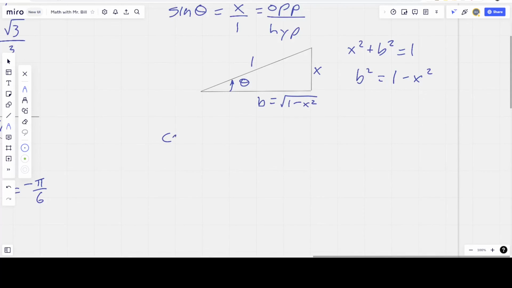So cosine of the arcsine of x now, well, arcsine of x is just theta. So this is the cosine of theta. And cosine is the ratio of the adjacent side over the hypotenuse. So this is the square root of 1 minus x squared over 1, or just the square root of 1 minus x squared. So that's it.